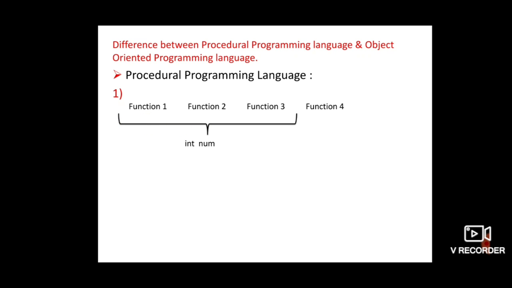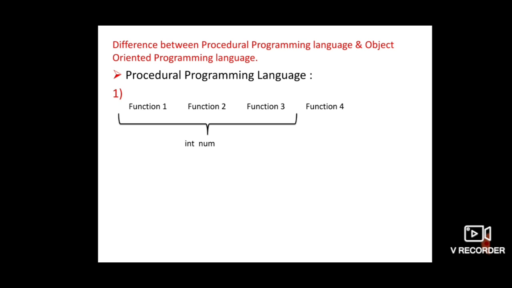So int num will be a local variable for function 1, function 2 and function 3. So what will be the problem here? Here I will be declaring the same variable int num again and again in function 1, function 2 and function 3.